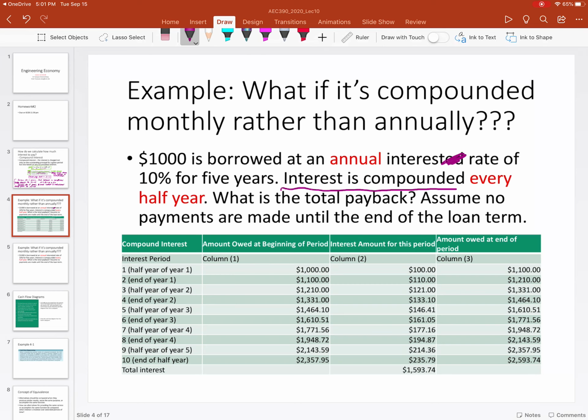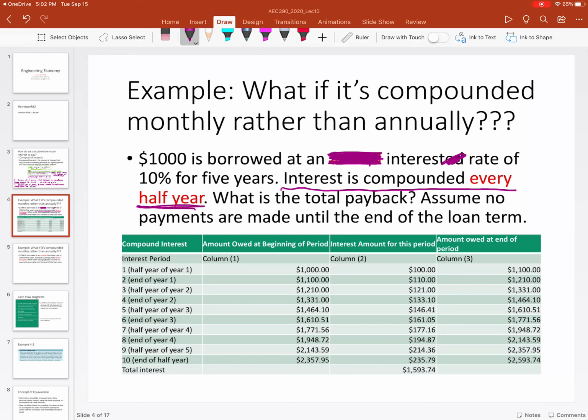But here you see interest is compounded every half year. So now what is the total payback? And also we need to remove this annual interest so that the statement will not be confusing.